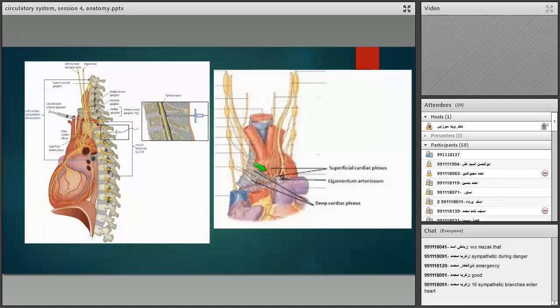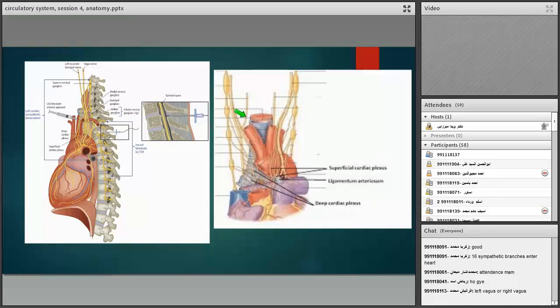What are the branches of the vagus? The vagus nerve has 2 branches in the cervical part, in the neck, and 1 in the thoracic cavity. Both of them, right and left.